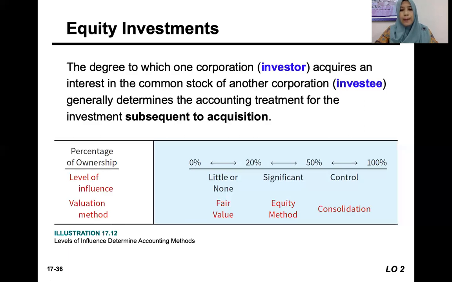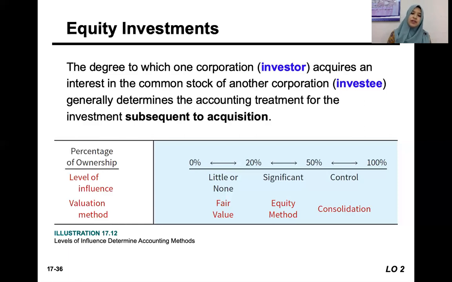What if our ownership interest is from 20% until 50%, above 20% but below 50%? That means we have a significant influence in the company. So in that instance, we have to use the equity method to value the equity investment in that company.